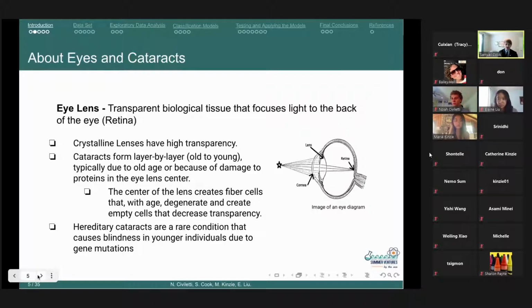And this can cause partial or complete blindness due to the decrease of transparency of the eye lens. Hereditary cataracts are a rare form of cataracts that can cause blindness in younger individuals due to gene mutation instead of natural causes like old age or damage to the proteins themselves.